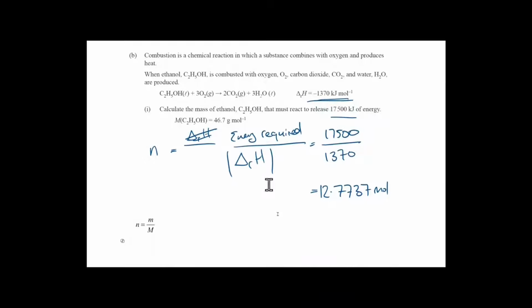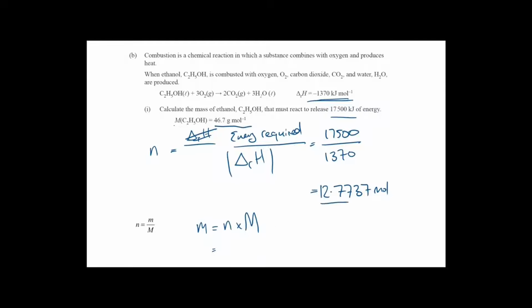So n is the physical mass over the molar mass, and we want the physical mass, so we need to rearrange it. So the regular mass is going to be just multiplied together, n times big M, and the molar mass is given here as 46.7 grams per mole.